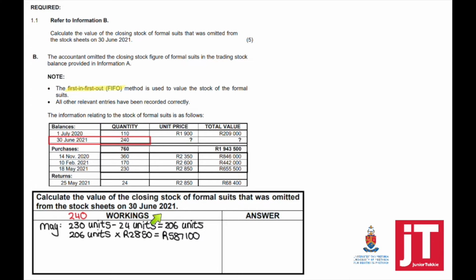The purchase price was 2,850. So we need to say 206 times 2,850. Now, remember that we've got 240 units left over.